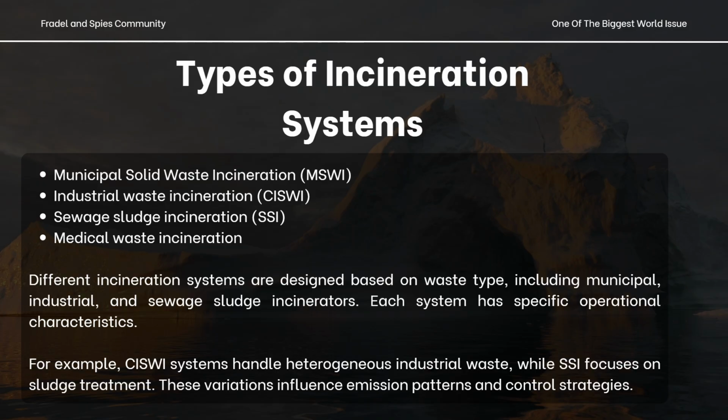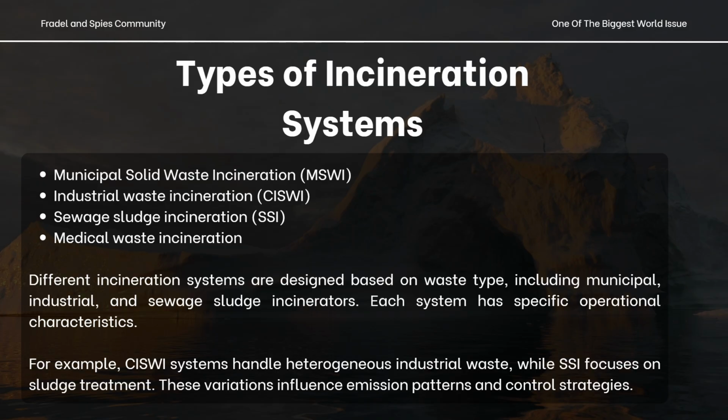Next is about the types of incineration system. There are 4 points. The first one is the municipal solid waste incineration. The second one is the industrial waste incineration. Next is the sewage sludge incineration, and the last one is medical waste incineration. Different incineration systems are designed based on the waste type, including municipal, industrial, and sewage sludge incinerators.